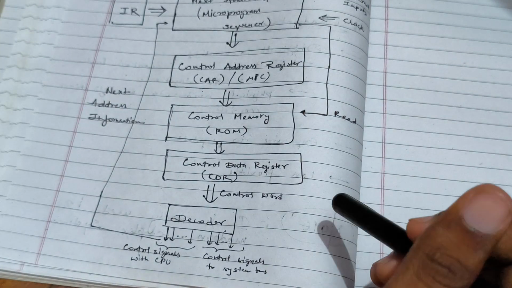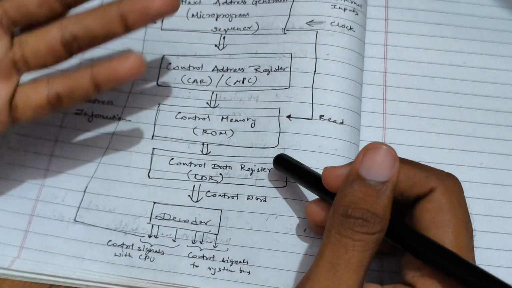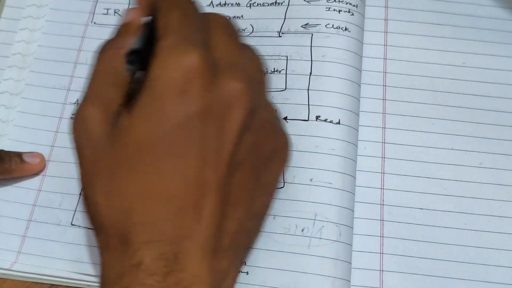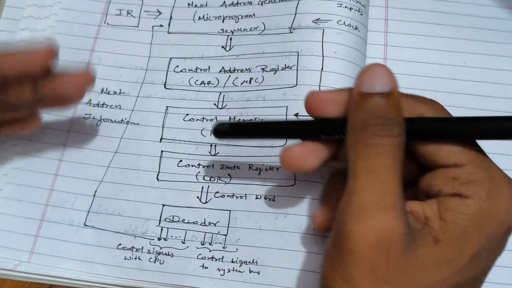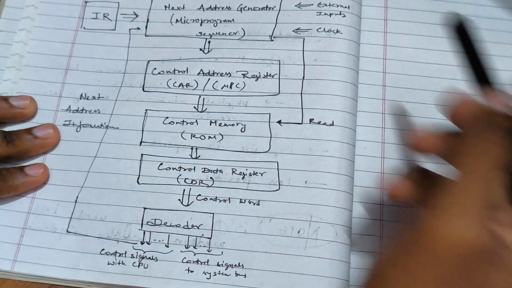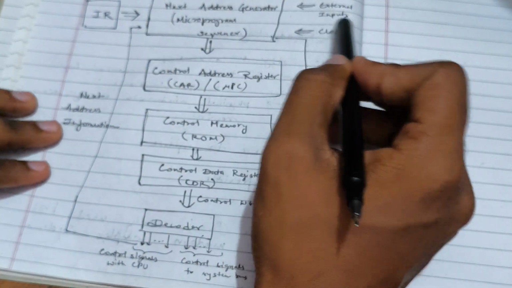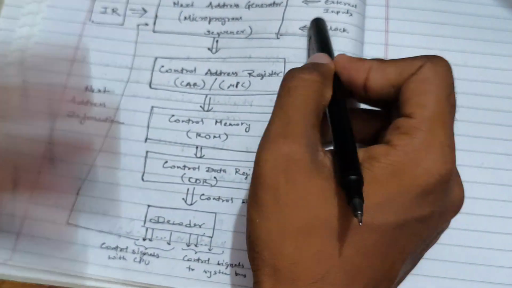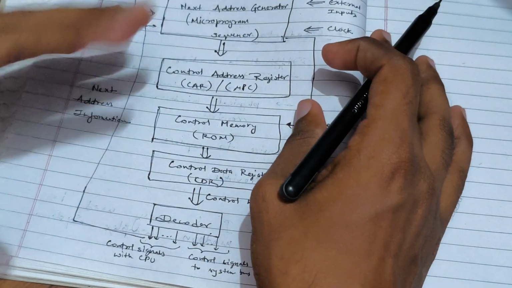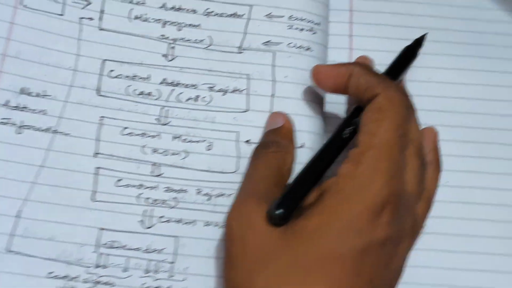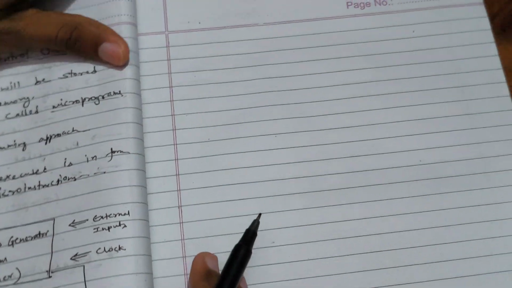The instructions are executed, then we move to the next address information, and once completely executed, it is sent to the system bus. Here we also have external inputs as well as the clock.